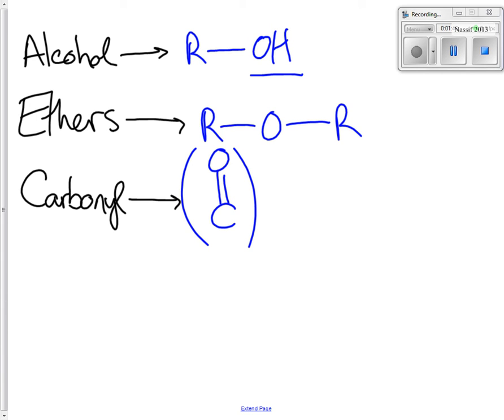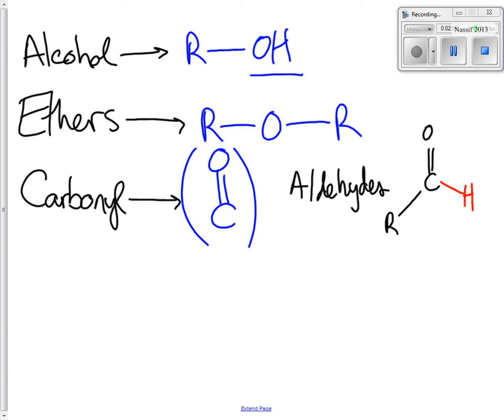So, the first carbonyl group that we'll look at are the aldehydes. Aldehydes have what structure? When looking at the aldehydes, you still have that carbonyl group bound to an R group, right? Except on the other side of the carbon, we just have a hydrogen, right?